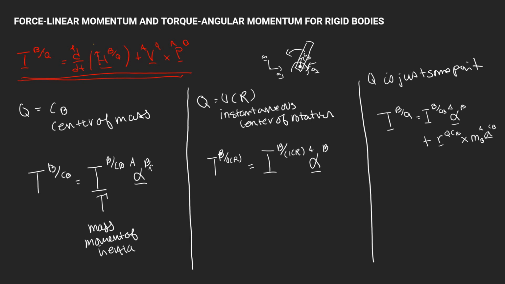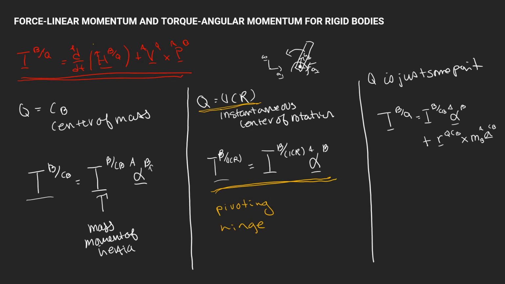So now that we've defined the three forms of the torque equation that you can use, you might be asking yourself, how do I know which one I should be using for a given problem? And so here's my advice. If you have a rigid body that's pivoting about a point or has a hinge, in other words, if you have a problem where it's very clear where the instantaneous center of rotation is, I would use this equation here.